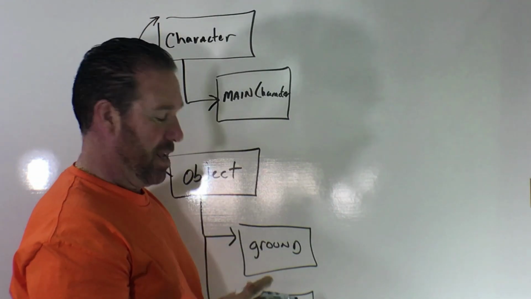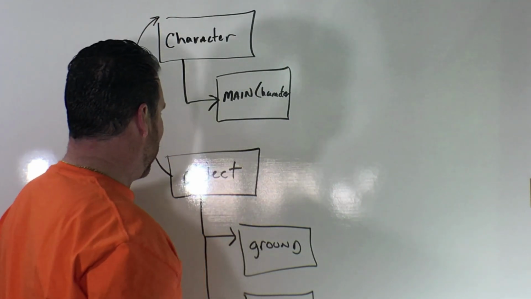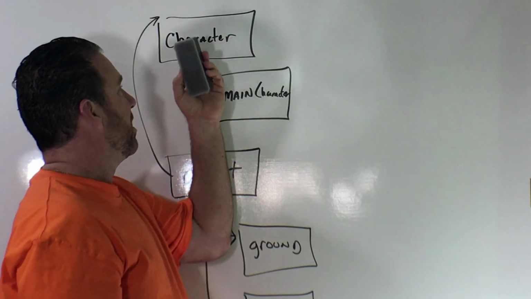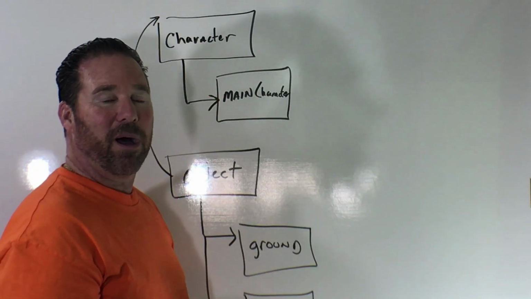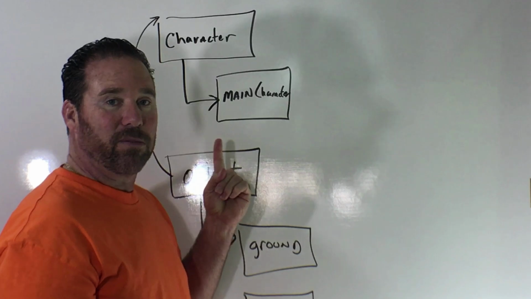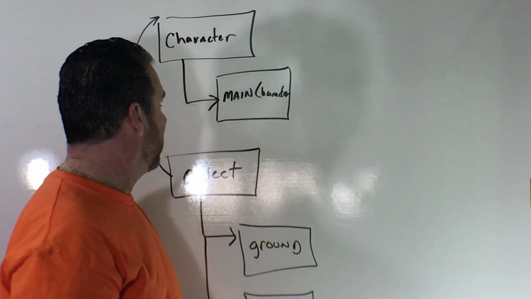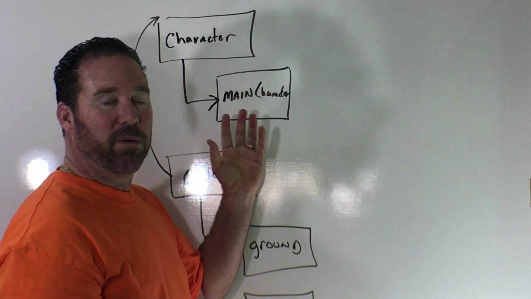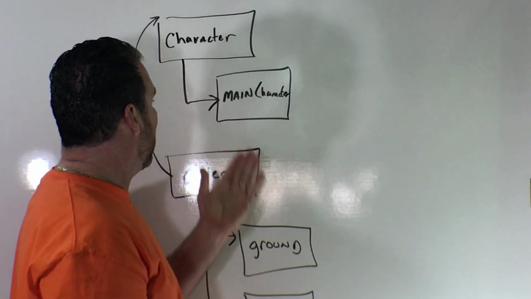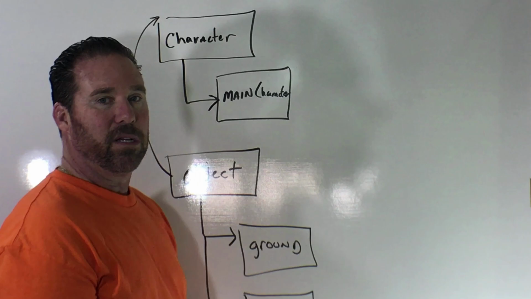Okay, and so the hierarchy has it as an object. Character inherits from object, and main character inherits from character. And remember, it gets all those properties and functions of its superclass.